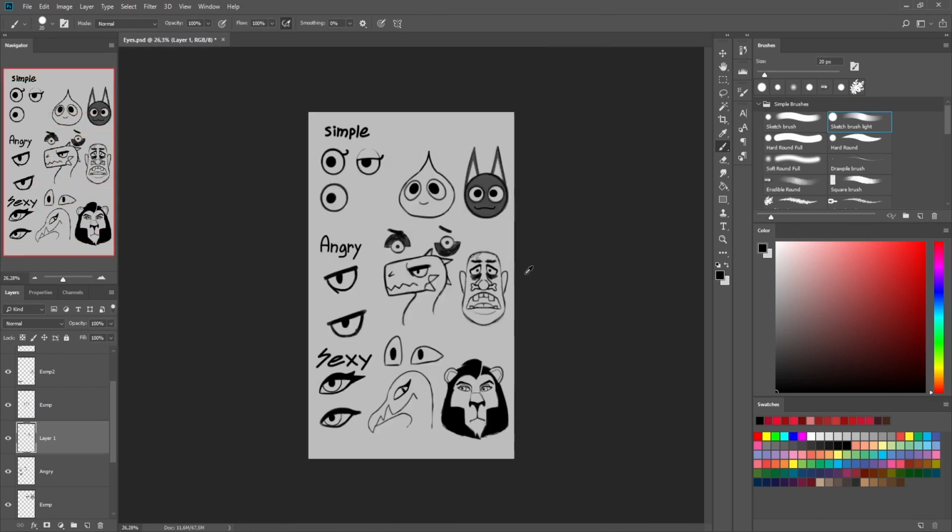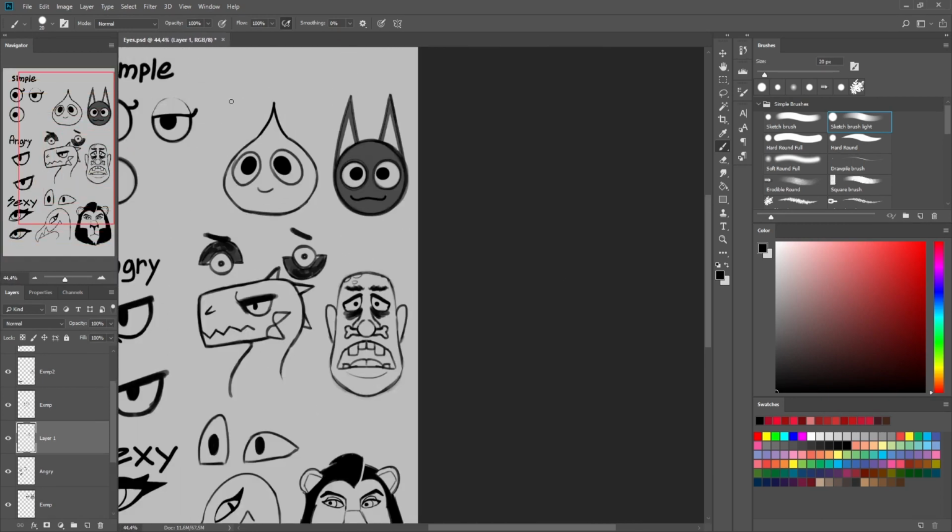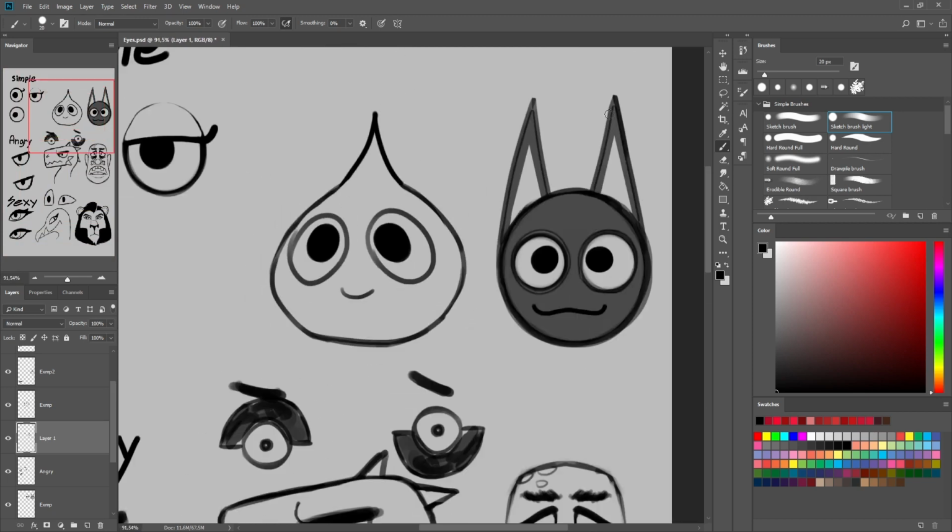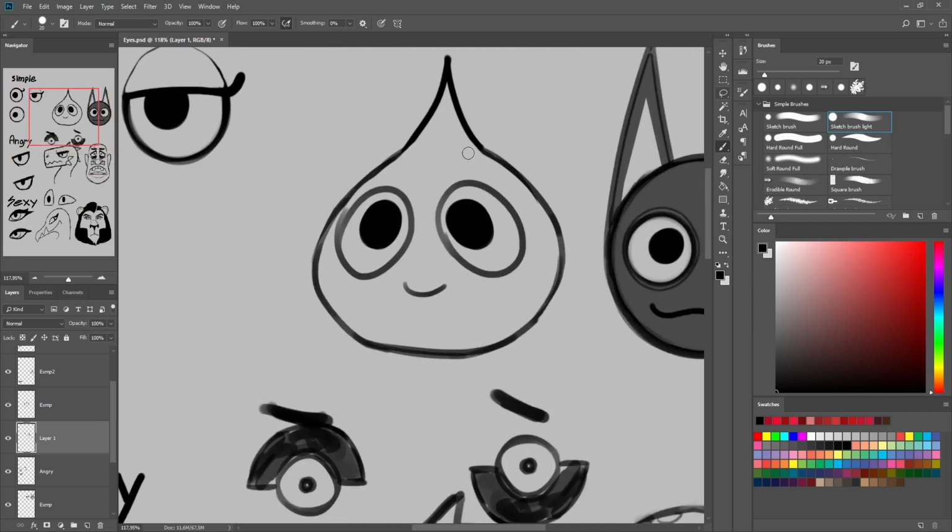Another thing which is important is placement of eyes. If eyes are located low, it means that the character is smart or cute. Why is that?